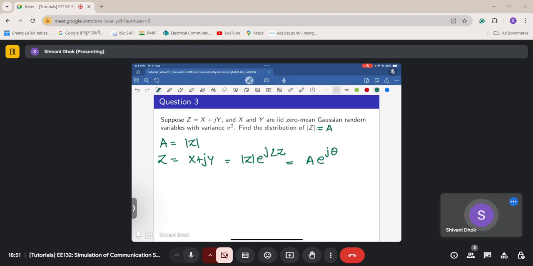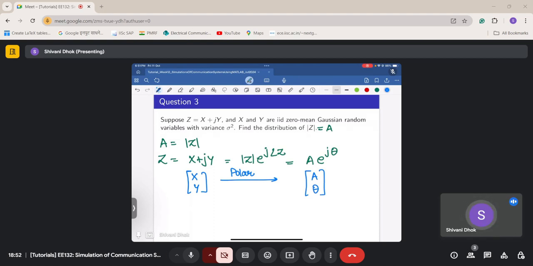What we need to find out is the PDF of A. We have x and y random variables, and in order to figure out the PDF of A, we'll take A and theta as two other random variables.